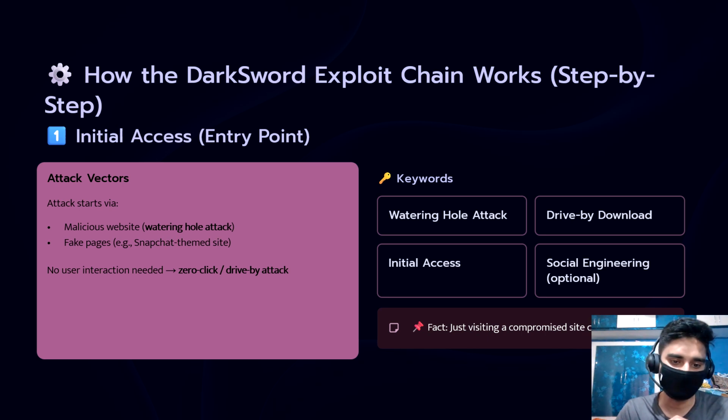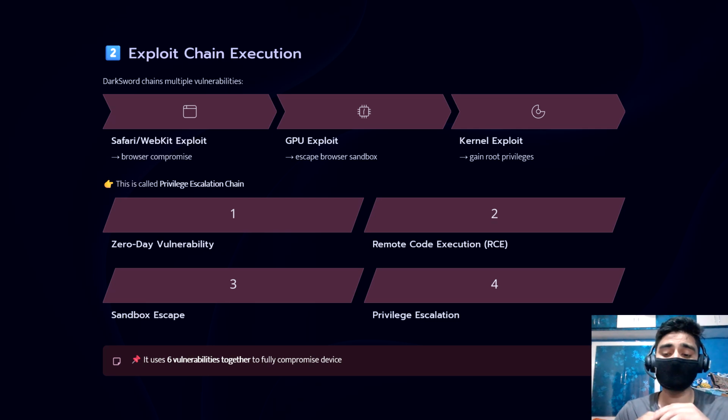After initial access, coming to the attack vector: fake websites, via any kind of snapshots or threatened sites. No user interaction is needed, as it is a zero-click drive-by attack. This is the step-by-step procedure for entering an iOS device. Next is exploit chain execution.